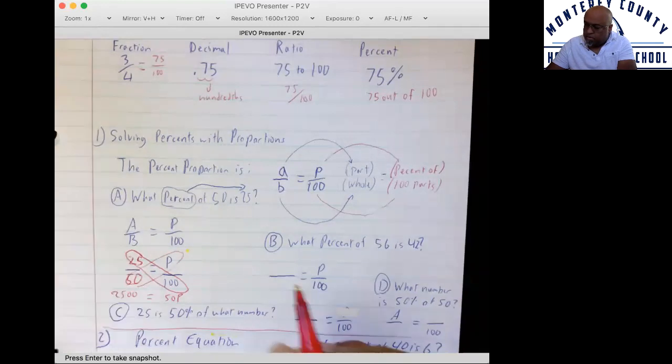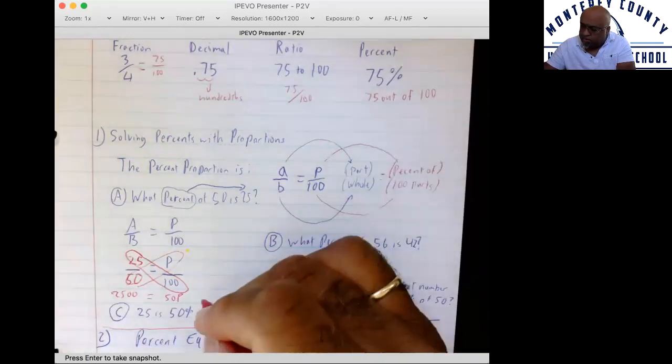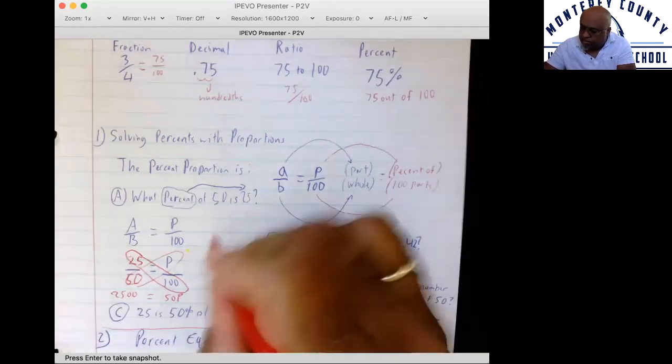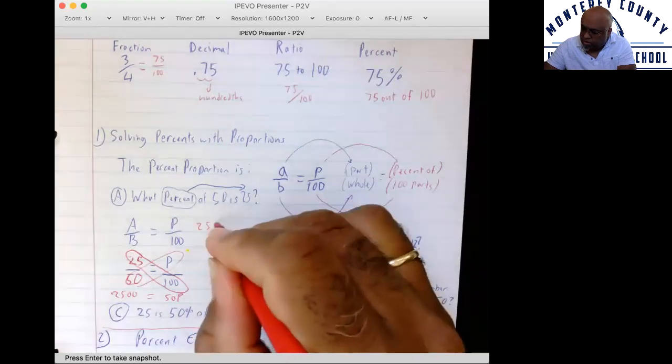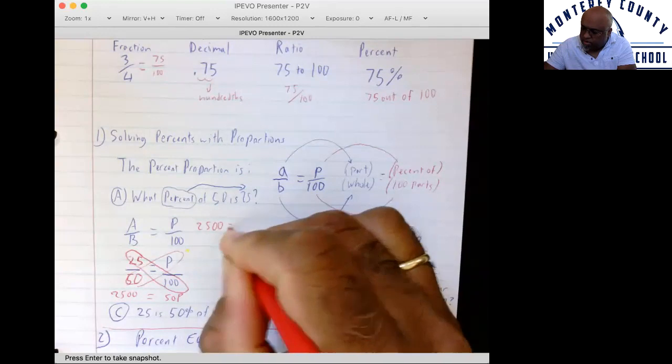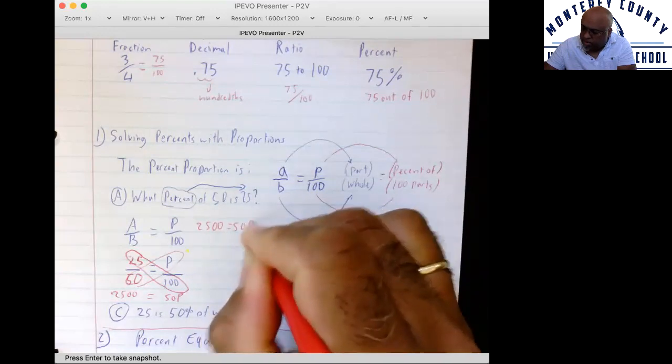Okay, so now to solve, let me just rewrite this again, just because I ran out of room at the bottom there. 2,500 is equal to 50P.